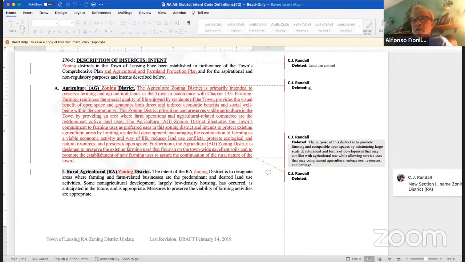CJ, I think the primary phrase should be to protect the high value, or Lynn, what's the correct terminology there? The high value soils, prime soils. Prime soils, yeah. I think that's better than excellent.